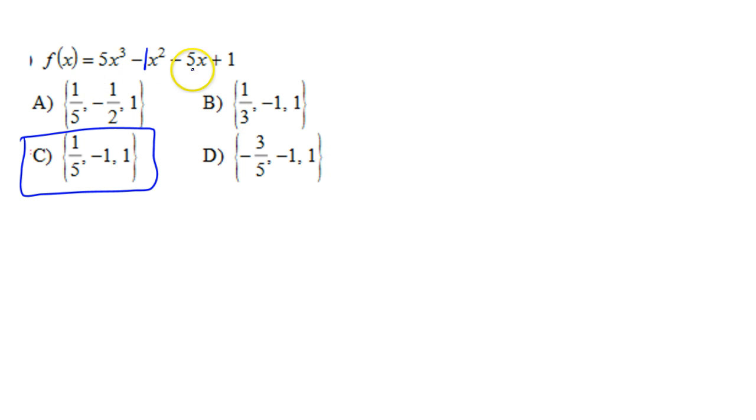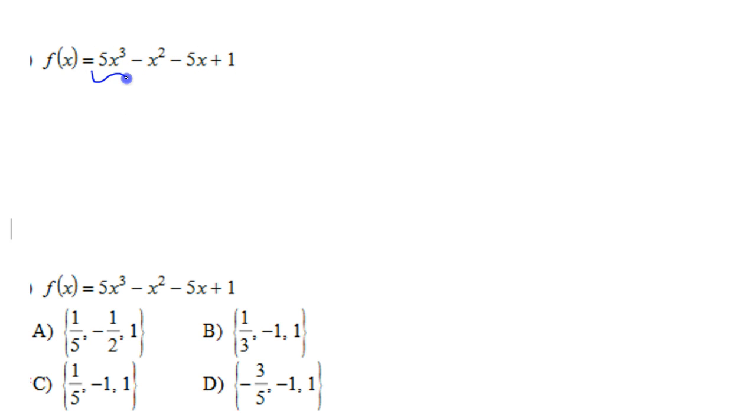Now whenever I see 4 terms, I think about grouping. Grouping is where you take these two terms and these two terms and treat them separately for a moment. So there's a common factor of x squared right here.